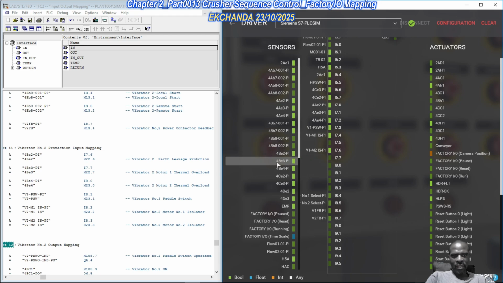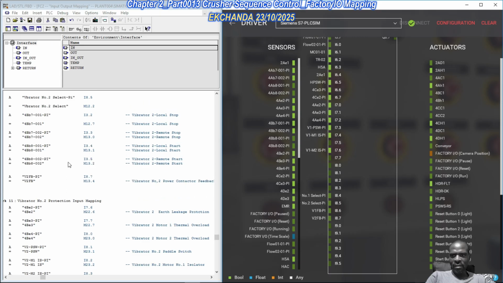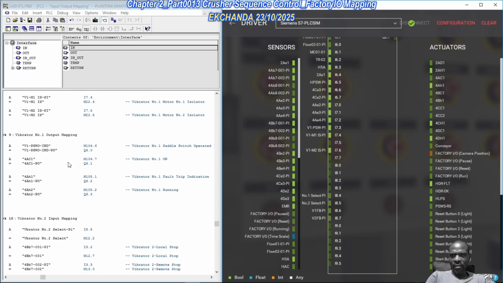What am I doing? Vibrator 2 motor 2 isolator is 7.5.